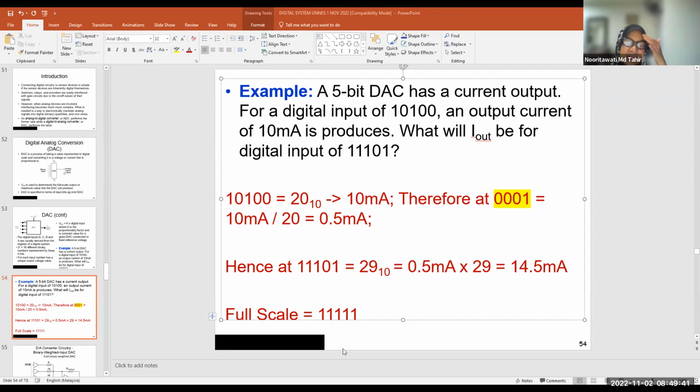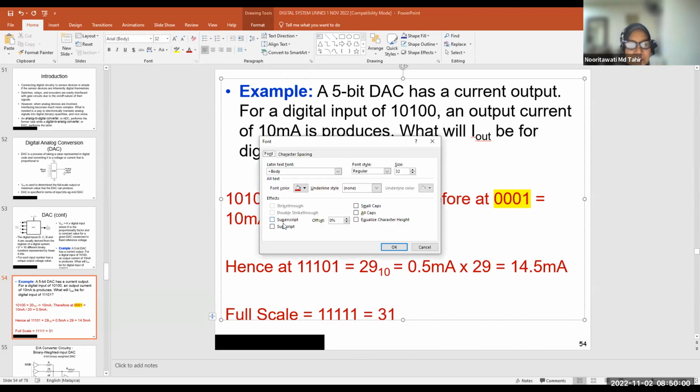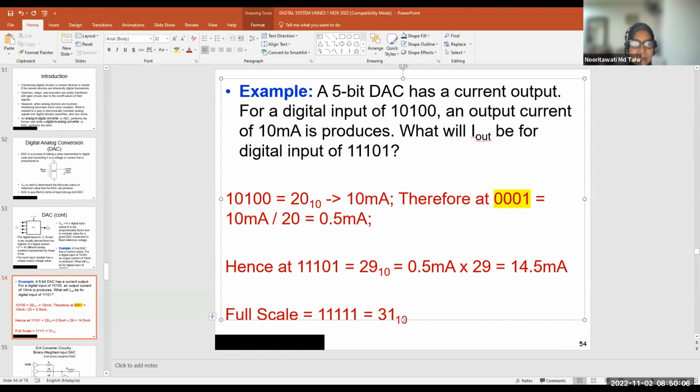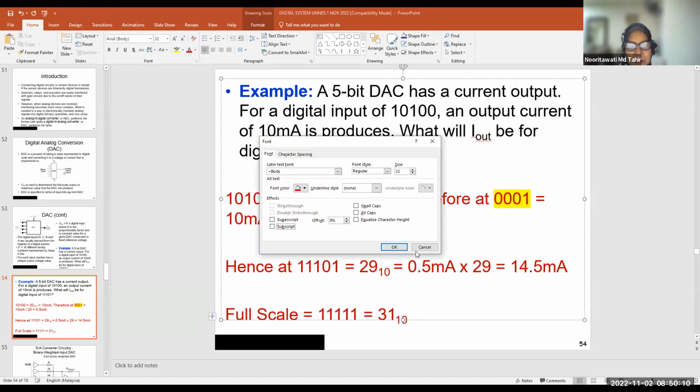Okay, full scale is masa semua high, which is 11111. Berapa nilai dia? During 1, 2, 4, 8, 16, during 31 rasanya. Kan? 31. Okay, that is actually the full scale.